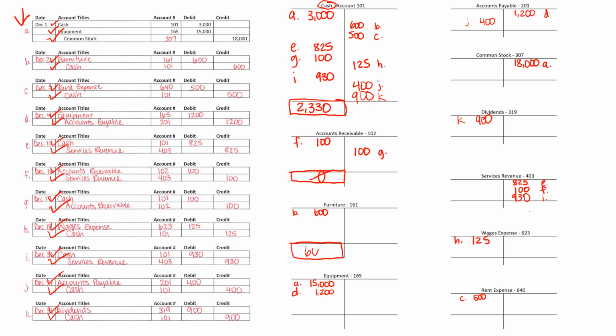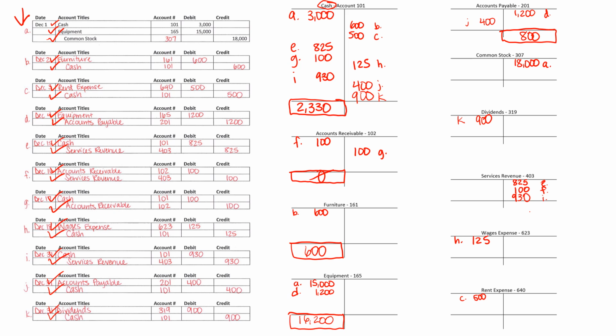The only thing that happened here is furniture was acquired for $600. Equipment, also an asset, so a normal debit balance, would be $16,200. Then we have accounts payable, which is a liability. Liabilities have credit normal balances. So $1,200 minus $400 gives a balance of $800 in accounts payable.